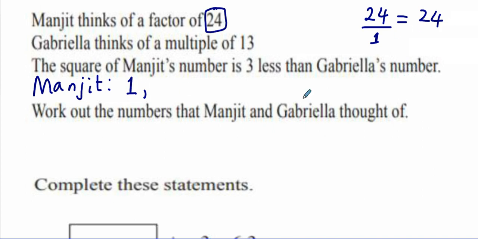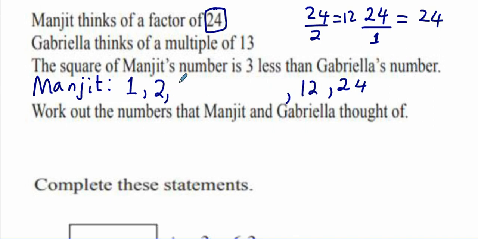So the next factor of 24 will be the number itself. So put it over here. Then you go to 2. Is 24 divisible by 2? Let us see. 24 divided by 2, the answer is 12. So 24 is divisible by 2, and the answer is 12.